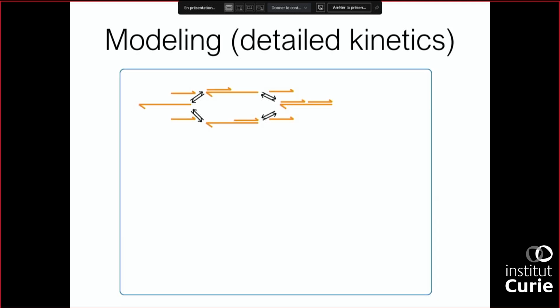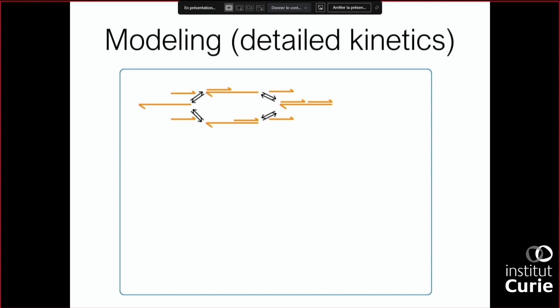So an advantage of this approach, compared maybe to creating similar systems inside of a cell, is that they are relatively chemically simple, as I said, and so it's possible to just write down a detailed kinetic model, where we write all the different elementary or more or less elementary steps.